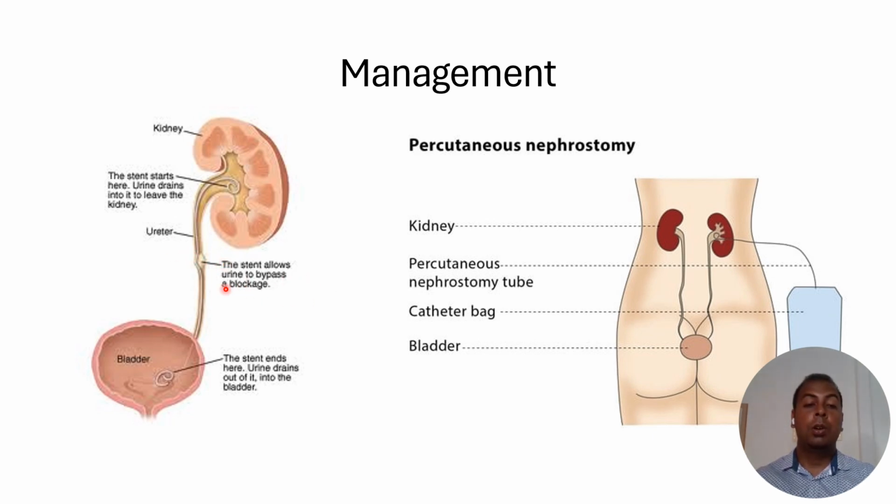We insert the stent from the renal pelvis into the bladder, and it would be able to bypass the stone or the obstruction present in the ureter, thus relieving hydronephrosis and preserving the kidney function. So these are two methods we have in relieving hydronephrosis.